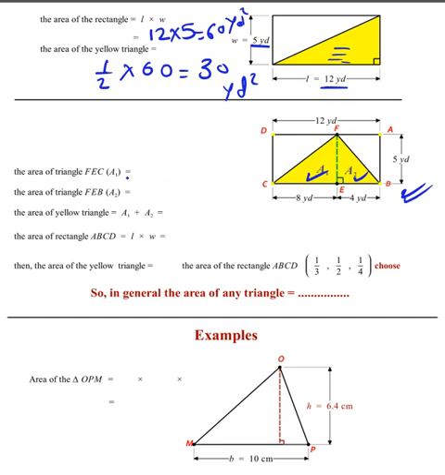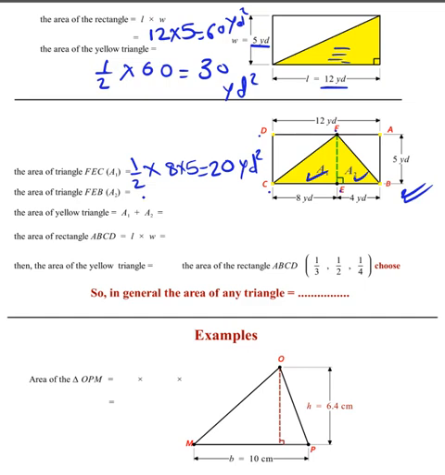The area of triangle A1 is half the area of the rectangle FECD. Half times the area of the rectangle FECD is half times 8 times 5, which is 20 square yards.